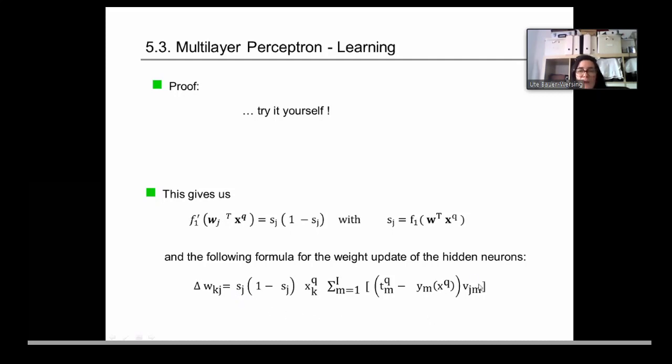So the effective weight vector update for the weights of the neurons in the hidden layer, delta w_kj, is given by the output of the j-th neuron in the hidden layer times 1 minus the output of the j-th neuron times the input, the k-th input of example q, times the sum over the error terms for the individual output units weighted by the weights of the neuron j and the output.